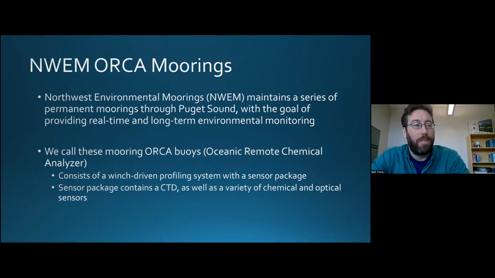It consists of a winch-driven system where we have a CTD package on the end of this winch that raises and lowers it throughout the water column. As I said, it contains a CTD as well as some other chemical and optical sensors, such as an oxygen sensor, chlorophyll sensor. We do have some other sensors on it for different package loadups, but those are the main ones.